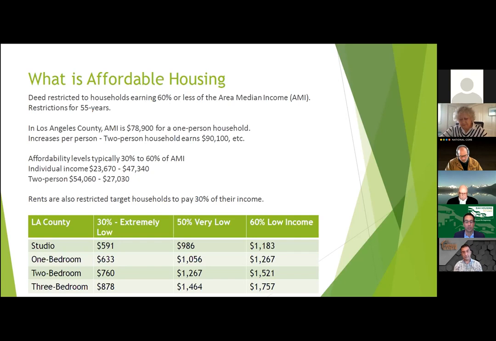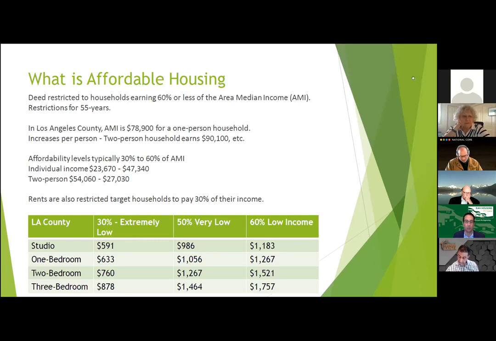When we talk about affordable housing in the affordable housing industry, we typically mean deed restricted rental housing at area median incomes at least below 60% AMI, AMI being area median income. And typically it's a range of incomes between 30 and 60% of area median income.